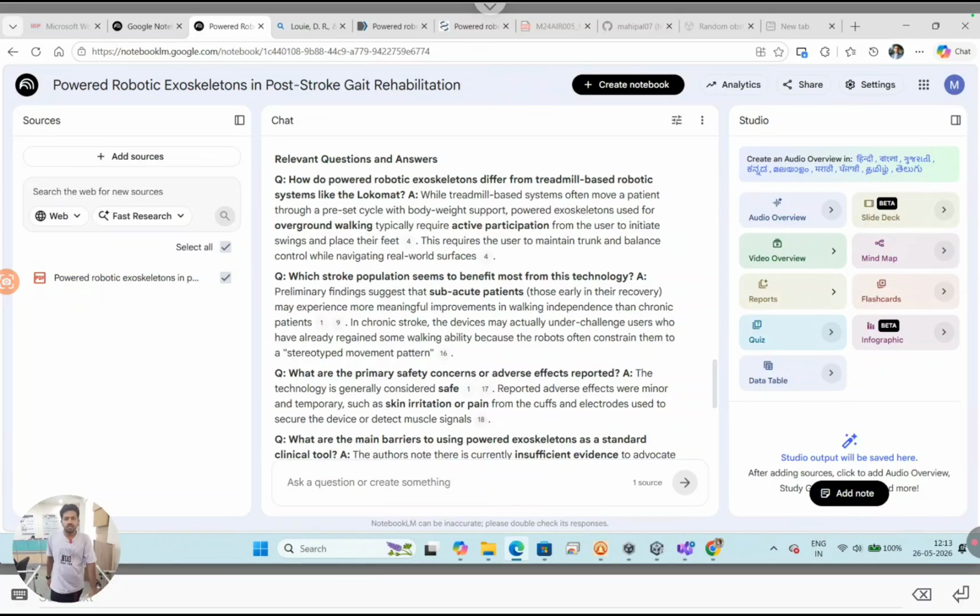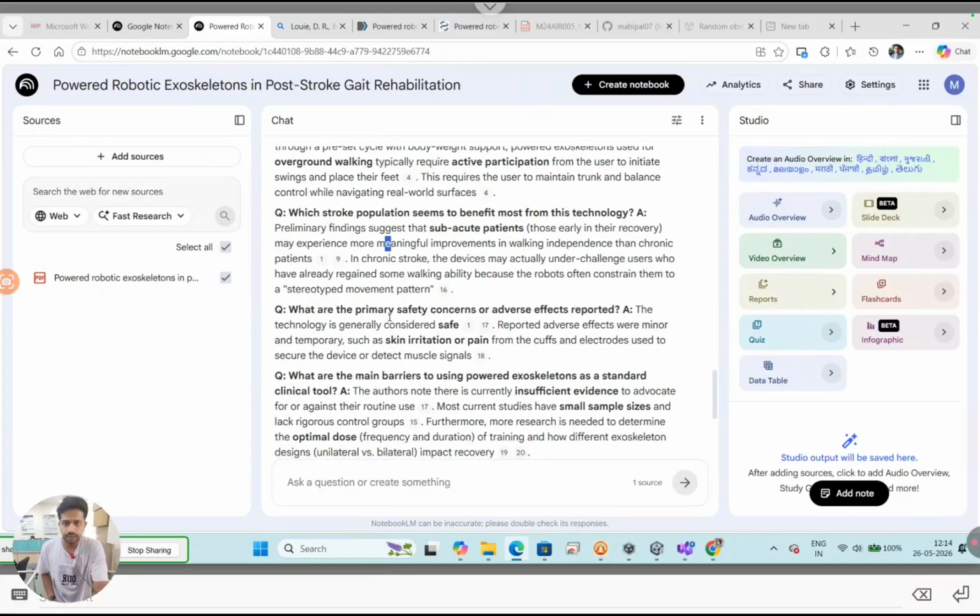What about the primary safety concerns or adverse effects reported? The technology is generally considered safe. Reported adverse effects were minor and temporary, such as skin irritation or pain from cuffs and electrodes used to secure the device or detect muscle signals. Okay, so fine.